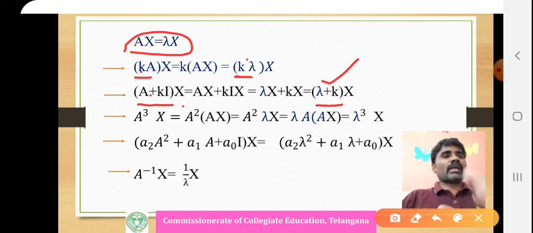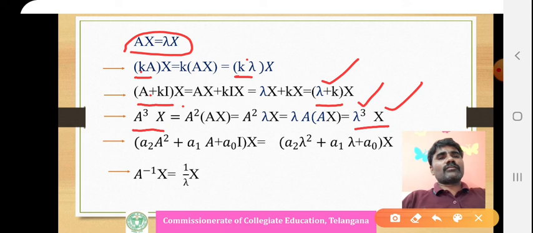Again Ax, again lambda. Finally we will reach lambda cube x. That's why A cube x equals lambda cube x. That's why lambda cube is an eigenvalue of A cube. Like that we continue this for A power n, any power of A.